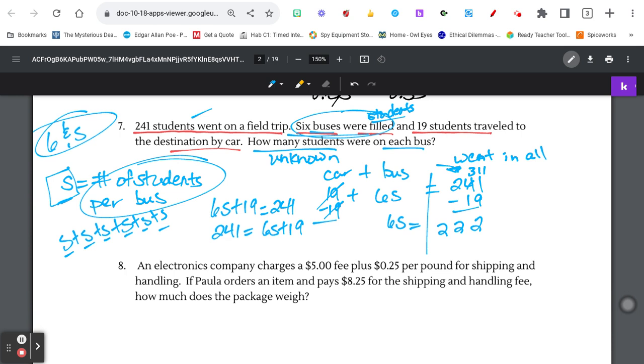All right, so what I'm going to do now is just divide 222 by 6. So how many students were on each bus? 37 students were on each bus.